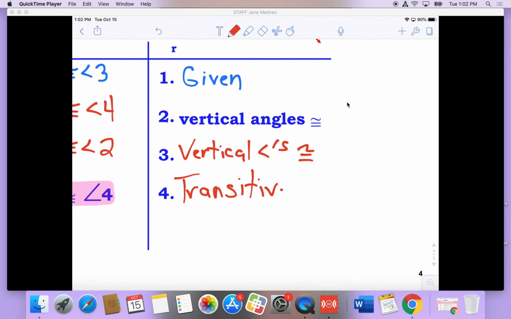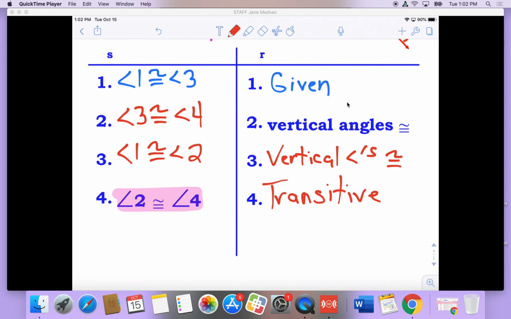If you remember, that's kind of like the Oreo cookie, right? I can kind of put the two ends together. What else could I do? Transitive or substitution. It's not always transitive or substitution. In this circumstance, either one of them would work.